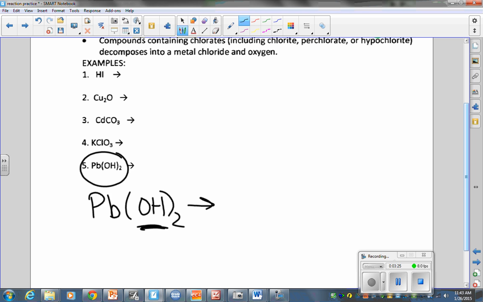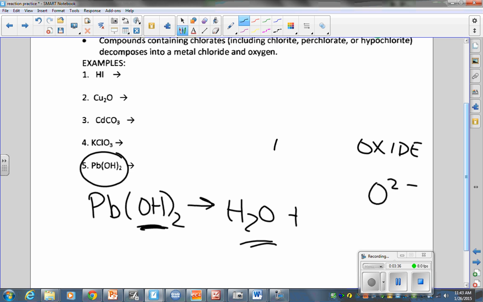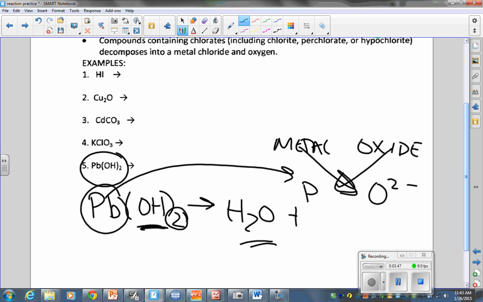I know on the right, like a robot, I am a robot, you write water on the right-hand side. Plus, I know I'm always going to cross it. I'm making a metal oxide, so I take a metal and an oxide and I crisscross. Bam, bam. I take the lead, which in this case happens to be 2 plus, bring it over here. So lead Pb2 plus, crisscross it over here, I get PbO.